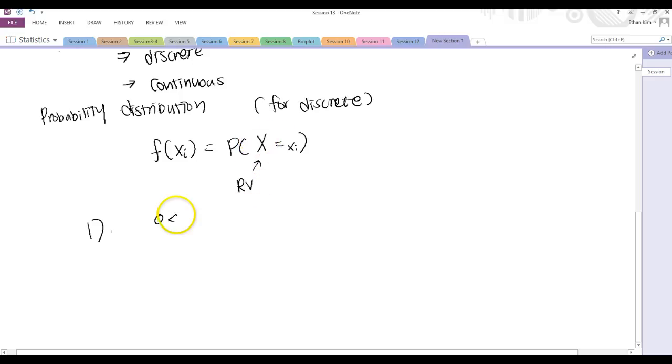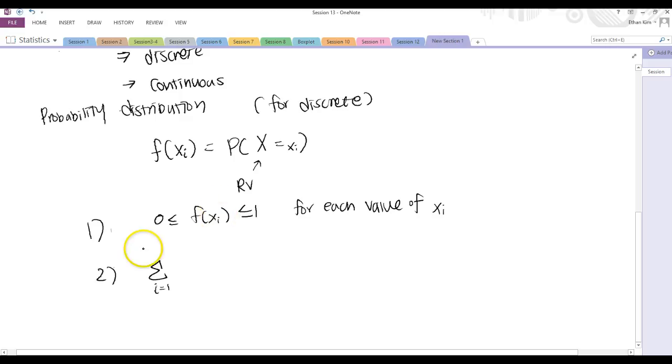First, this is greater than or equal to 0 and less than or equal to 1 for each value of x i. And the second is that if we add up all the cases, then we are bound to get 1, because that is what probability stands for.